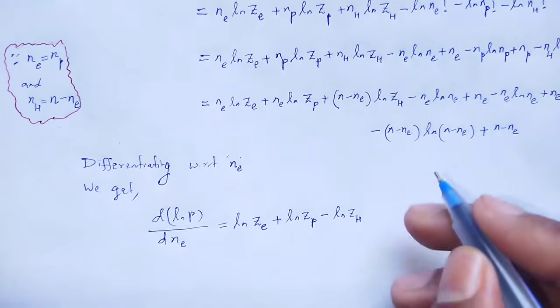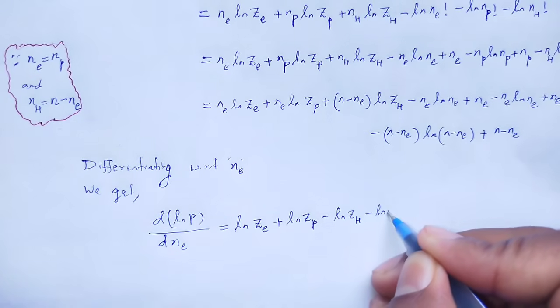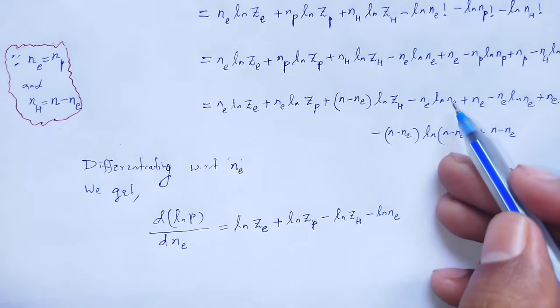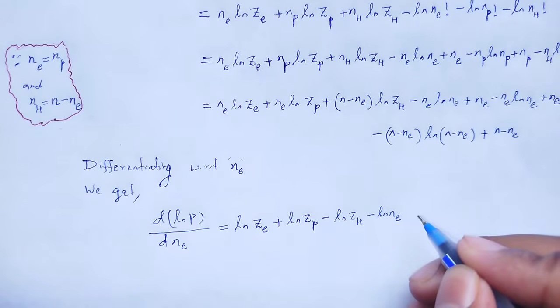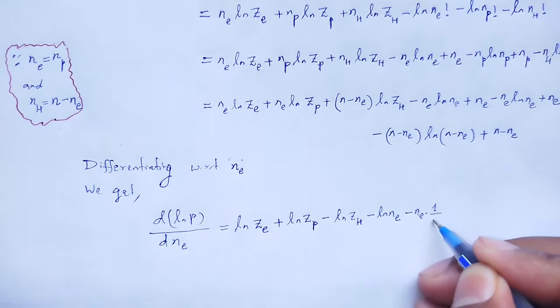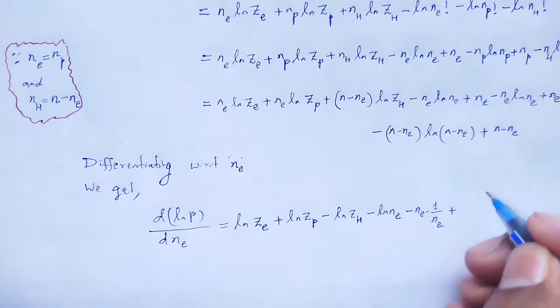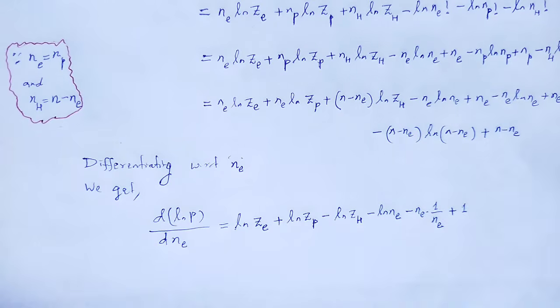Differentiation of first term, second term as constant, N_e differentiation as 1, minus ln N_e. Next, differentiation of second term, first term as constant, so minus N_e times 1 over N_e, plus N_e as 1.